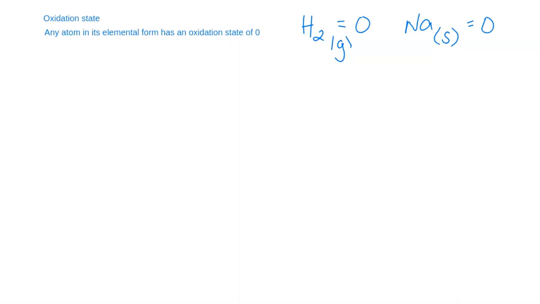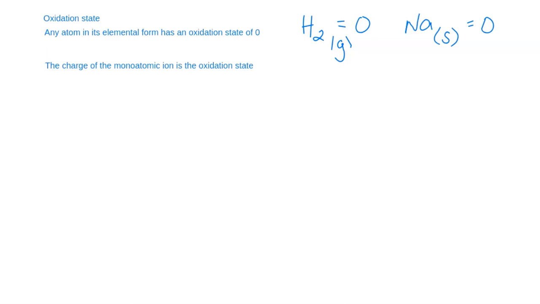The next thing is looking at monatomic ions. If we're dealing with a monatomic ion, the charge of the monatomic ion is the oxidation number, or the oxidation state. Now, oxidation states, you might recall, can either be positive or negative, and we need to specify that.